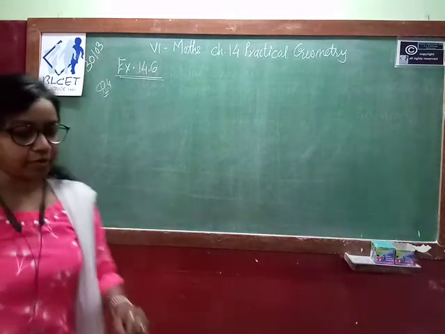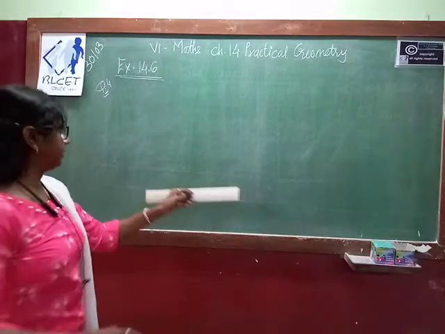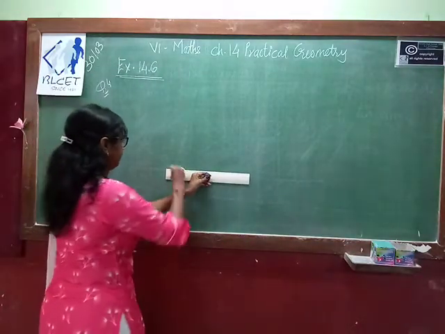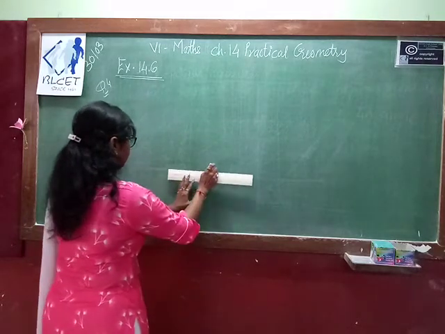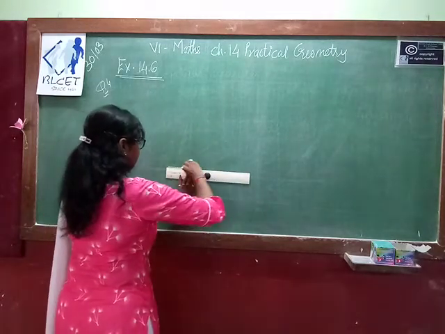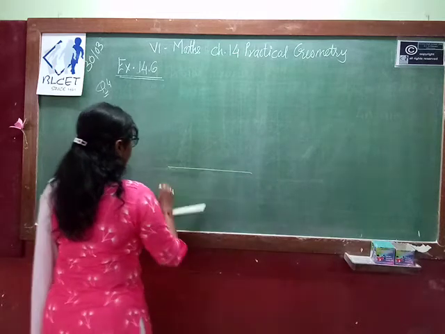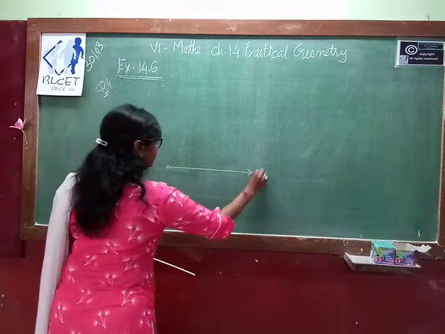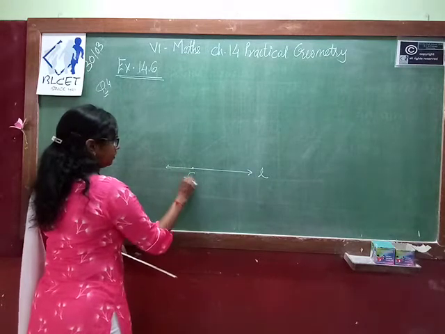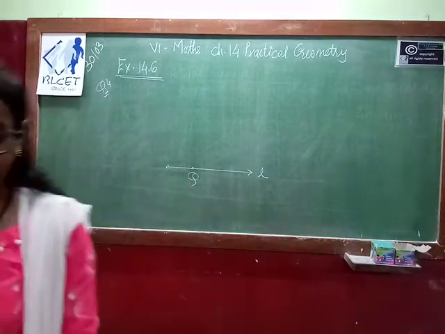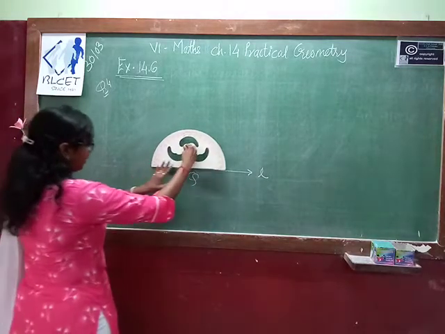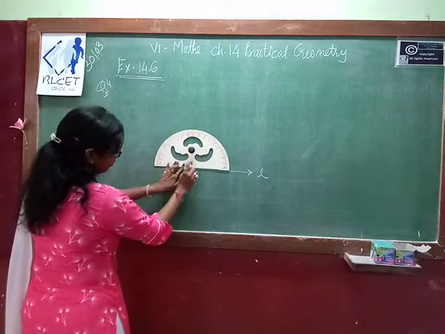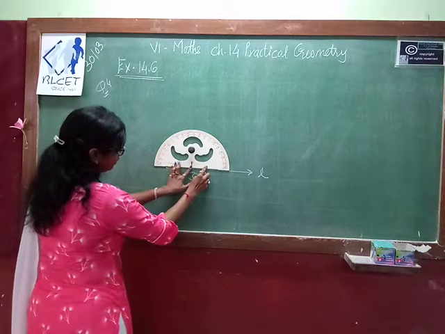So first we draw 153 degree angle. Put one point Q on the line. With the help of protractor, draw 153 degree angle. Arrow should be on the point.